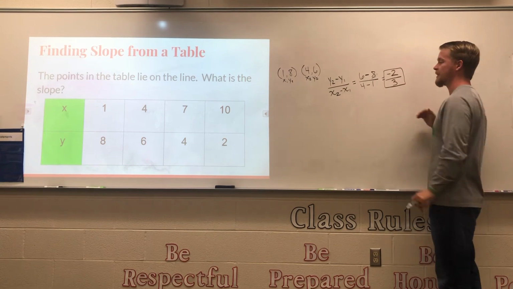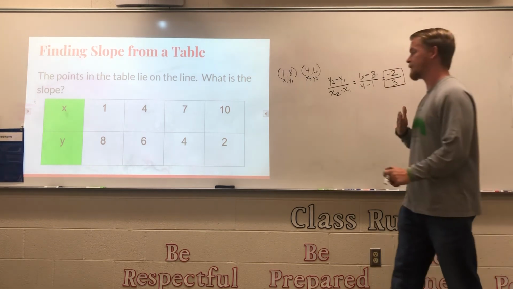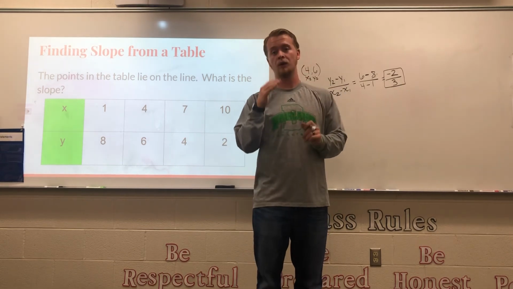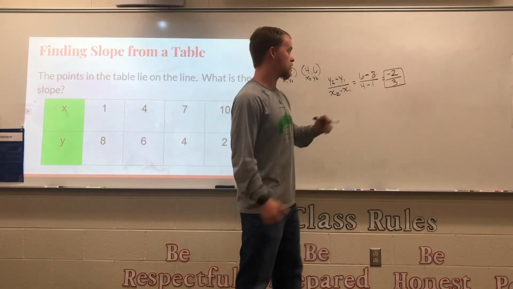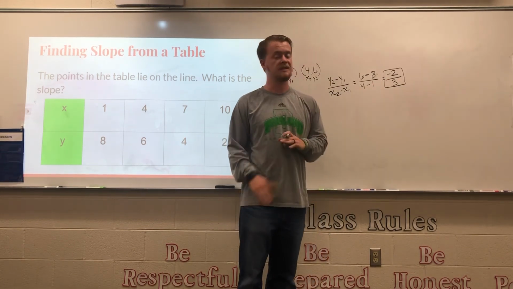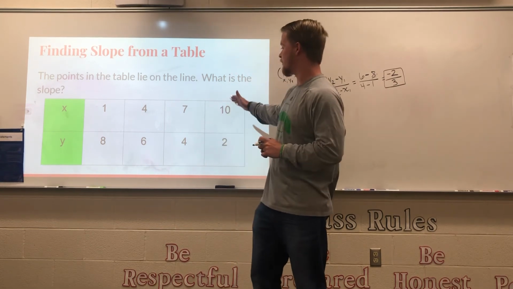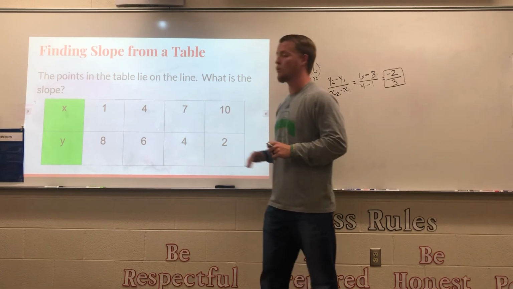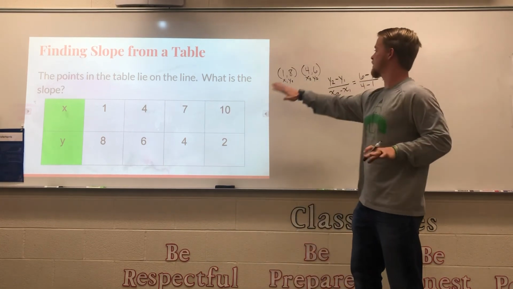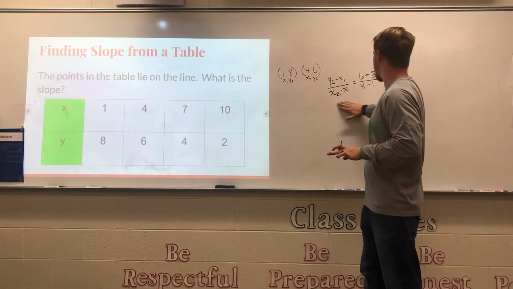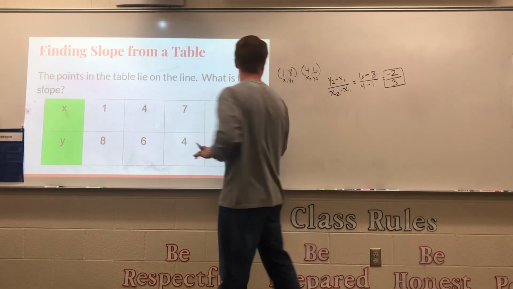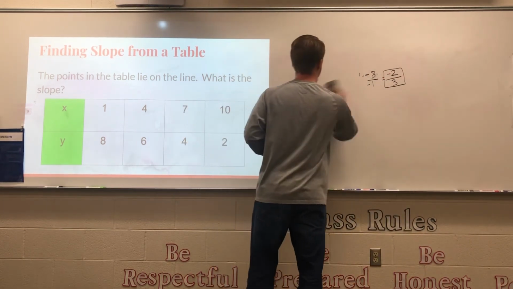Negative 2/3 is my slope of that. And again, if you were to plot those points on a coordinate grid, see my line, and work it out using rise over run, you'll also get negative 2 over 3. It's the same thing. And you'll also get negative 2 over 3 if you use 7, 4, 10, 2. If you use 1, 8, 10, 2. Any combination of those, and you work it out correctly, you'll get the same slope. Okay, so negative 2 over 3 is your slope for that one.